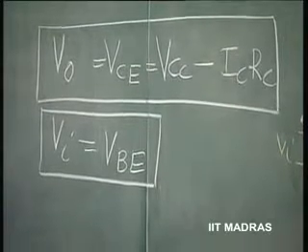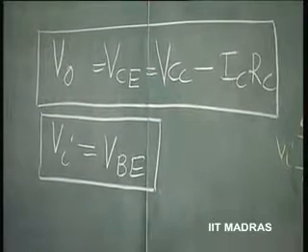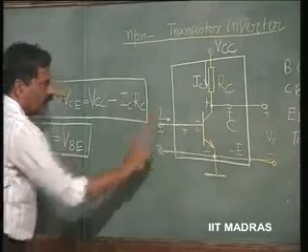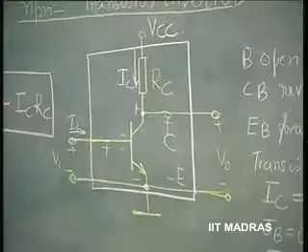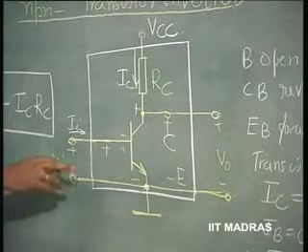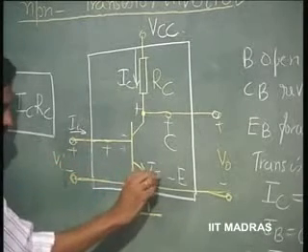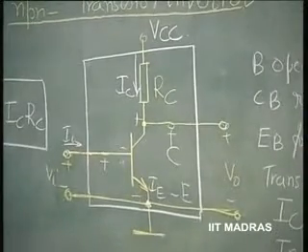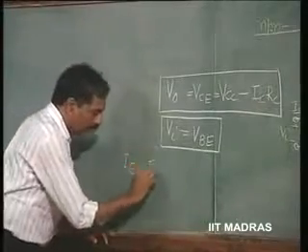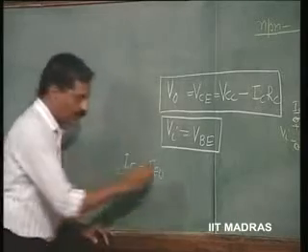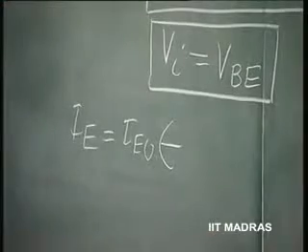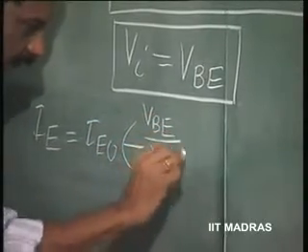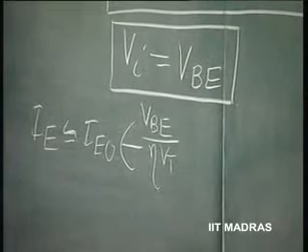So, now we can find out the effect of this, let us say, II. The relationship between Vi and, let us say, IE is known, because IE is equal to IE naught exponent VBE by eta Vt. Minus 1 we will ignore, so it is approximately equal to this.